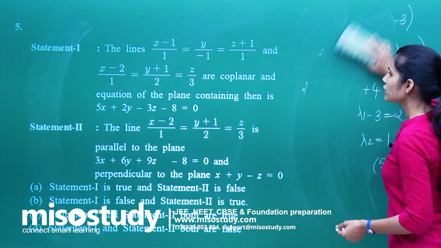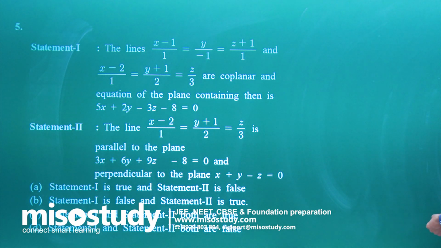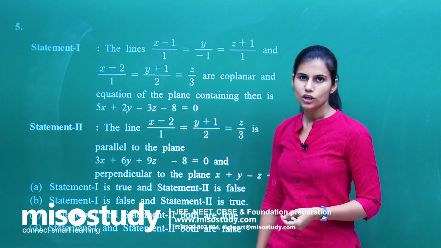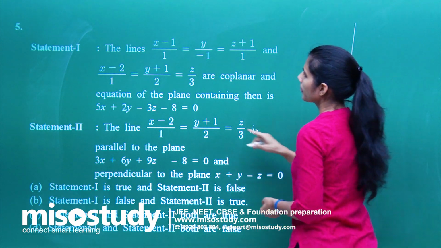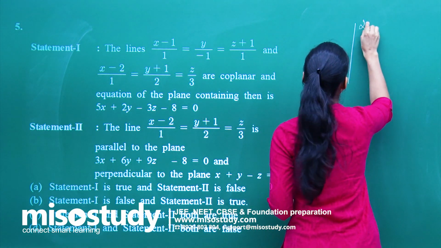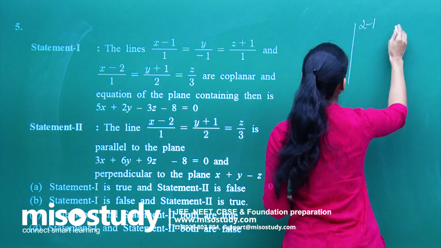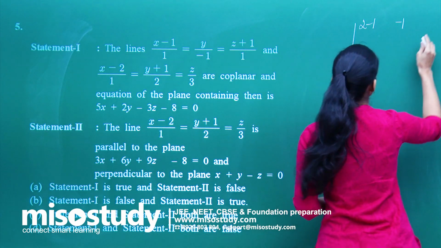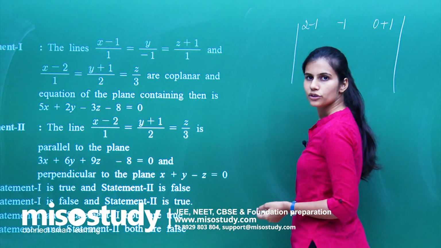These lines are coplanar. So first of all, we have to verify statement 1 if it is correct or incorrect. These lines are coplanar, and equation of the plane containing them is this. For these lines to be coplanar, what you need is 2 minus 1, then you have minus 1 minus 0, and then you have 0 minus minus 1, right?